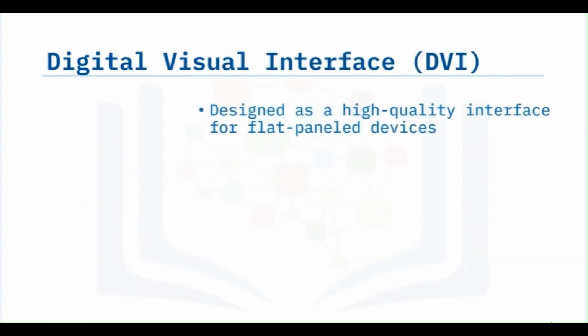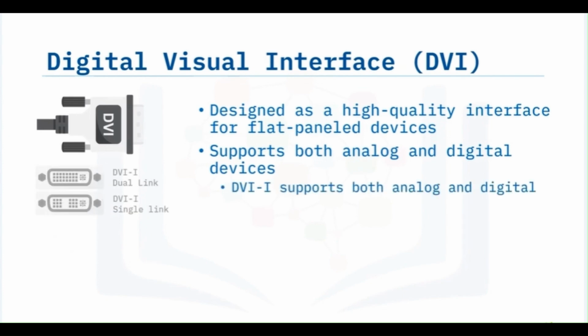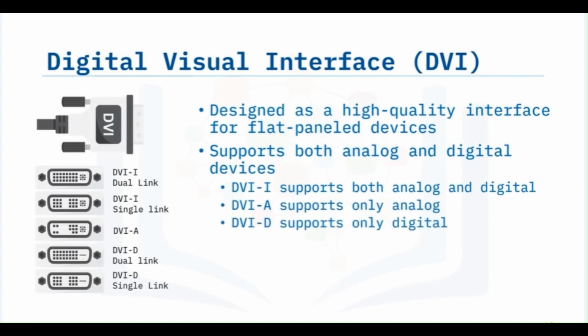Developed as an industry standard for digital video content transmission, DVI connects a video source to a display. It transmits uncompressed digital video and can support both analog and digital devices in various formats. The DVI-I interface supports integrated digital and analog equipment on the same connector, while DVI-A supports only analog equipment and DVI-D supports only digital equipment.